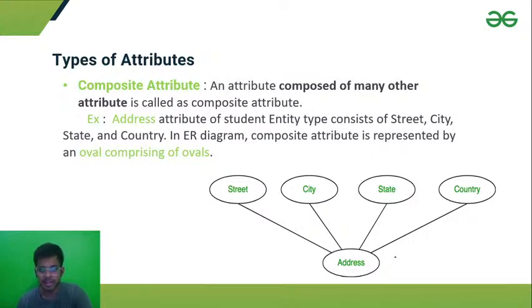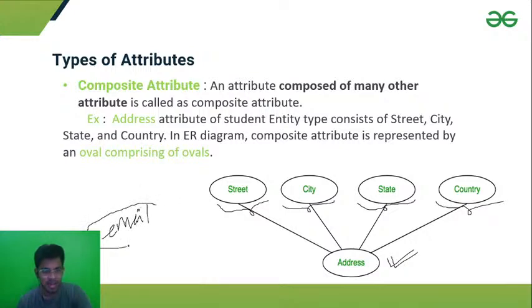An address attribute can be further subdivided into street, city, state, and country. Or, for example, if email is an attribute of a student, it can be divided into username and domain.